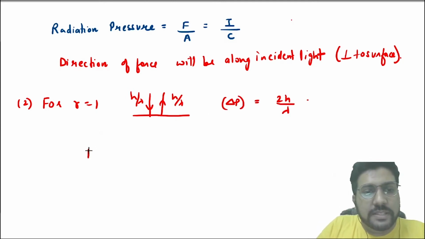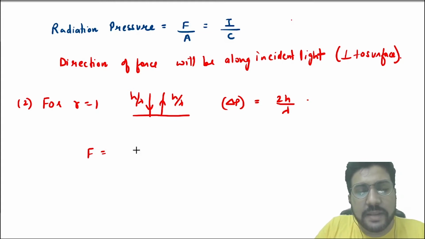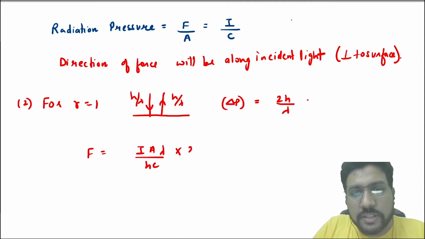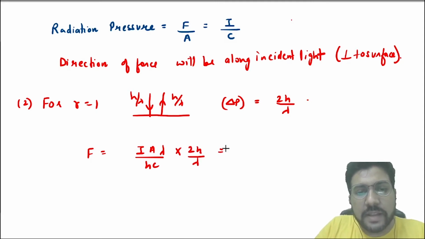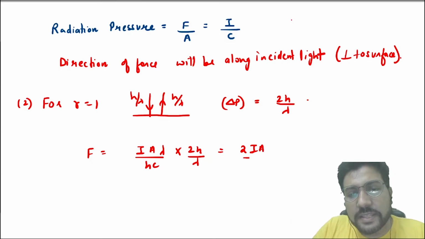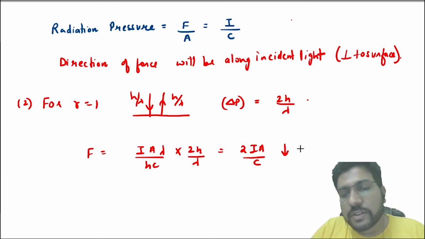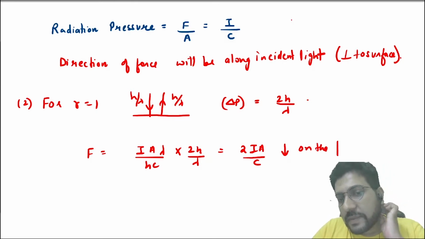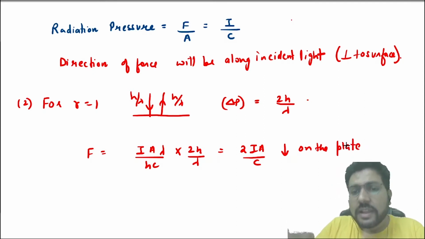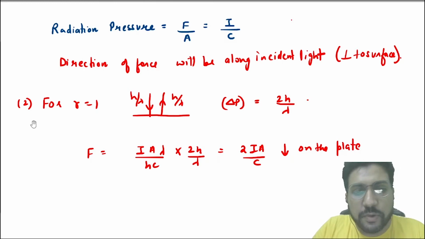So the force will be N by T, which is Ia upon hc by lambda, multiplied by the change in momentum of one photon, 2h by lambda, and that is equal to 2Ia by c. This force is again downwards on the plate: upwards on the photons due to the plate by Newton's third law, and downwards on the plate due to the photons.